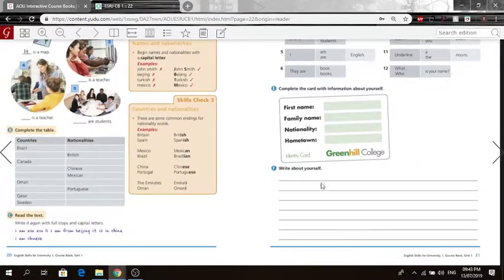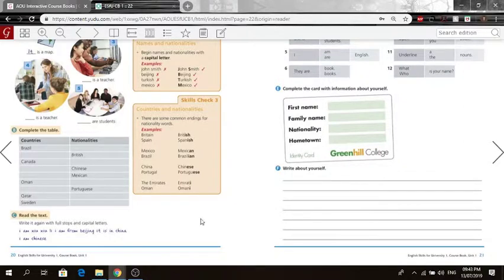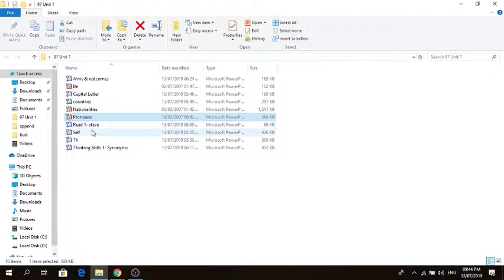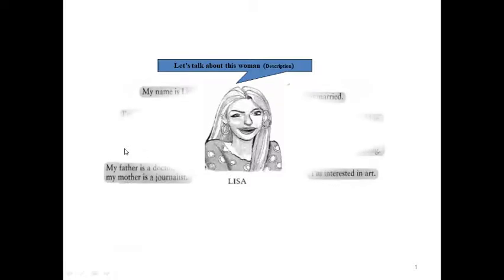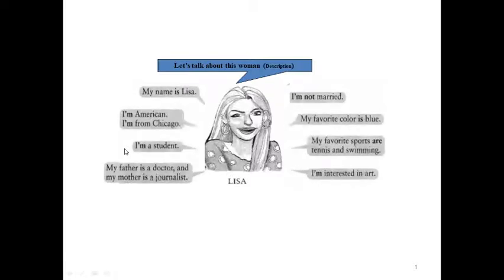Okay? So now he wants us to write a little bit about ourselves, and I have something perfect for this actually. Here we go. And just to give you an idea of how to write about yourself, this is Lisa, by the way. I know she looks kind of weird, but I mean, it's cool. Let's talk about this woman, okay? So look at this. These are all ideas that you could use to talk about yourself, okay?